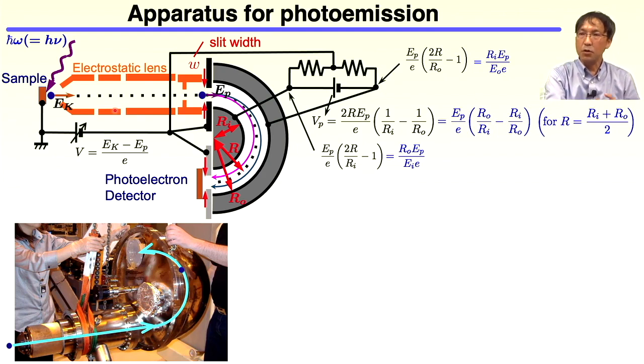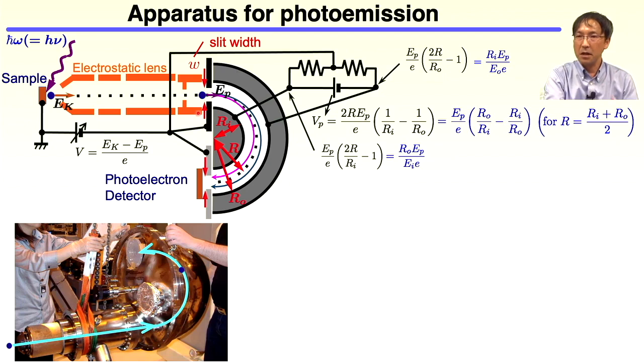the chemical potential of the sample, which is equivalent to the Fermi level at zero temperature, is the same as that of the apparatus. The photoelectrons coming into the electrostatic lens set in front of the hemispherical spectrometer are decelerated down to the pass energy EP at the entrance of the hemispherical spectrometer.